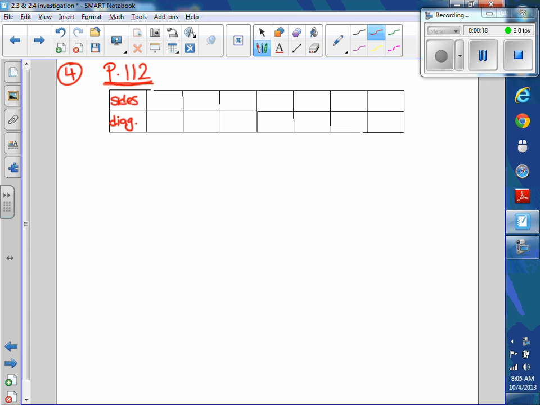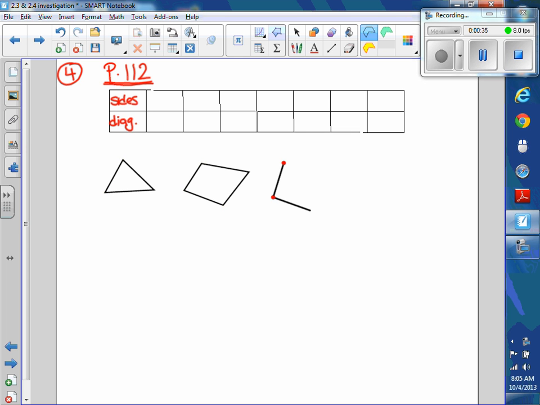Okay, it says how many diagonals can you draw? What's the total number of diagonals in the 35-sided polygon? So when you look at a polygon, you could have a 3-sided polygon, and a 4-sided polygon, and a 5-sided polygon, and a 6-sided polygon.